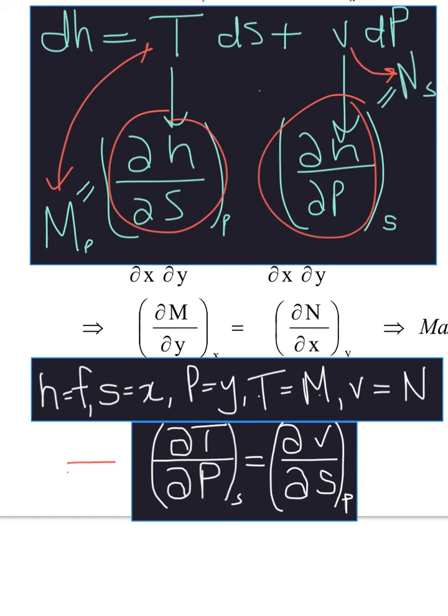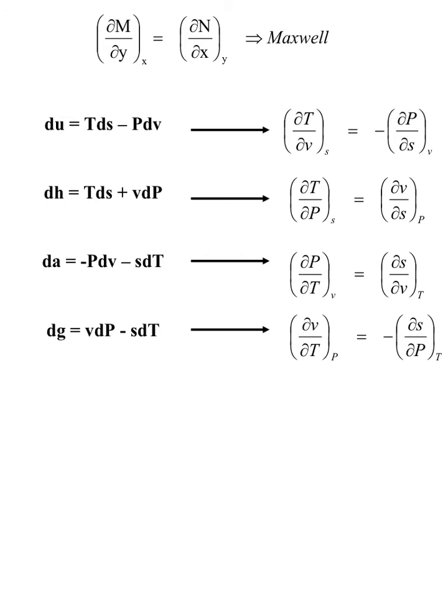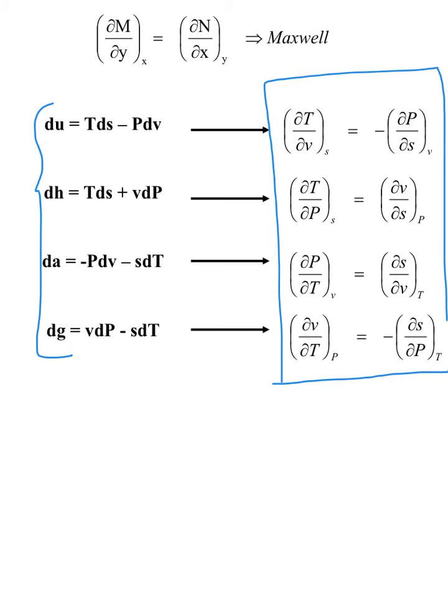And this is our first Maxwell slope relationship that we have derived, which says we can now, because we know our equation is exact, relate the slopes of different variables on different graph systems. We can now, by applying the same principle to all four of our fundamental equations, derive the four Maxwell slope relationships.